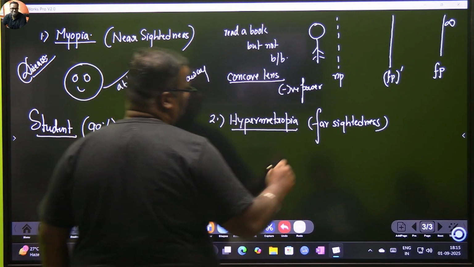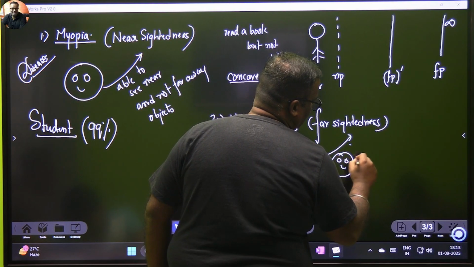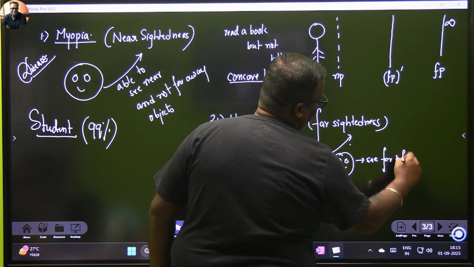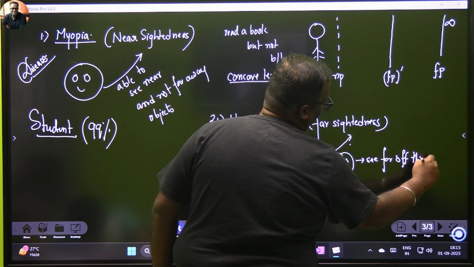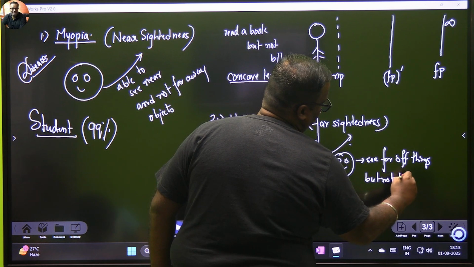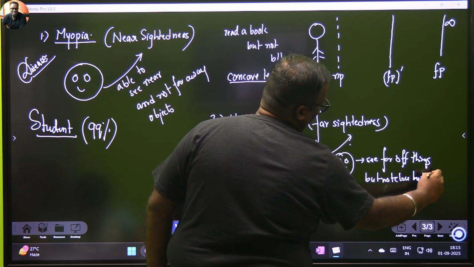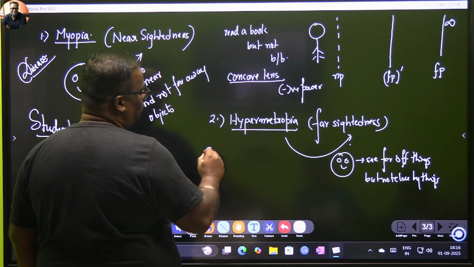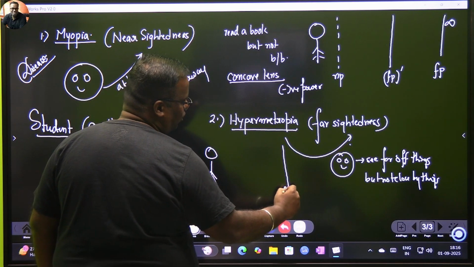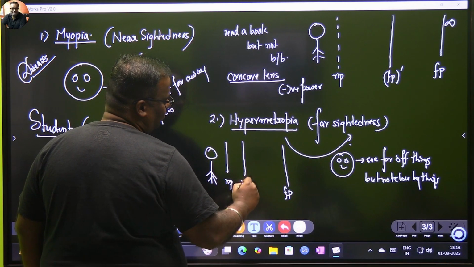Farsightedness means that if you are a person, you can see far-off things, but not close-by things. So from a grade 8, 10 perspective, your problem here is you can see far-off things. So your far point is okay. Your near point has got an issue. Your near point has gone a little bit ahead.